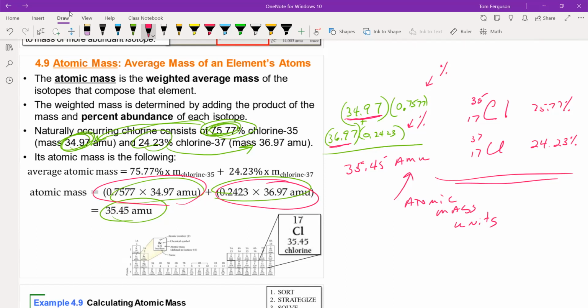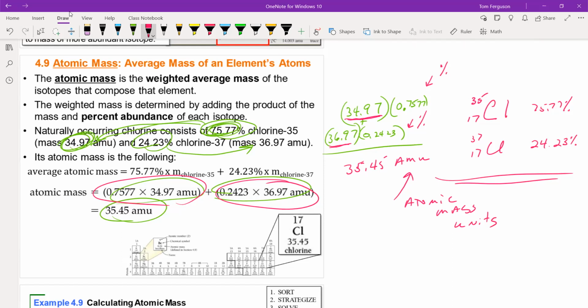Now we're going to be using this in Unit 4 a lot. That number can be 35.45 AMUs or grams in a mole. And that's what we're going to be focused on in Unit 4, the grams part. But for right now, it's just atomic mass units.